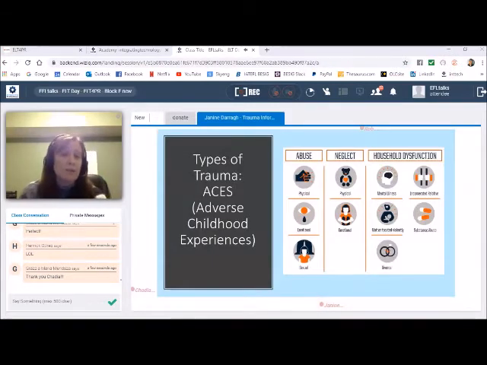In addition to those types of trauma, there has been a study out called ACEs, the Adverse Childhood Experiences Study. And what this doctor found was he worked with thousands and thousands of patients. And in talking to them, he found out that the more negative childhood experiences they had, the more likely they were to have chronic health problems as an adult.